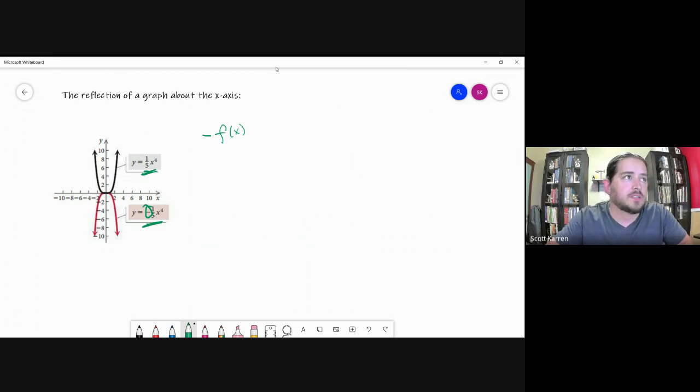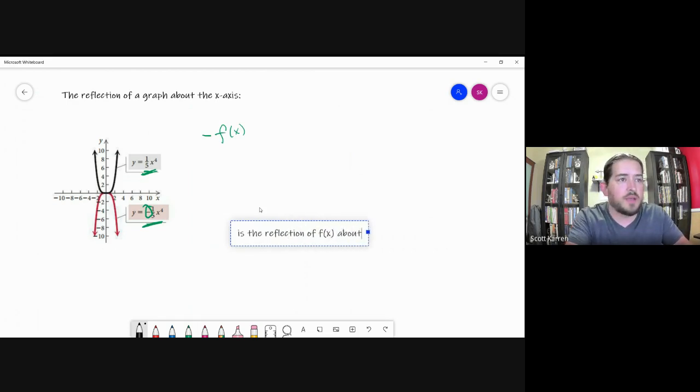Right? So negative f of x is the reflection of the function f of x about the x-axis.